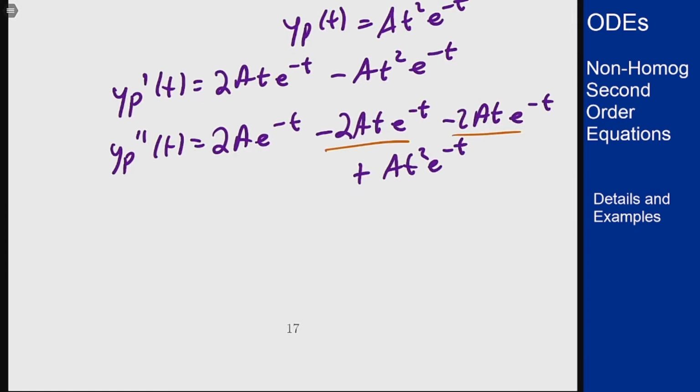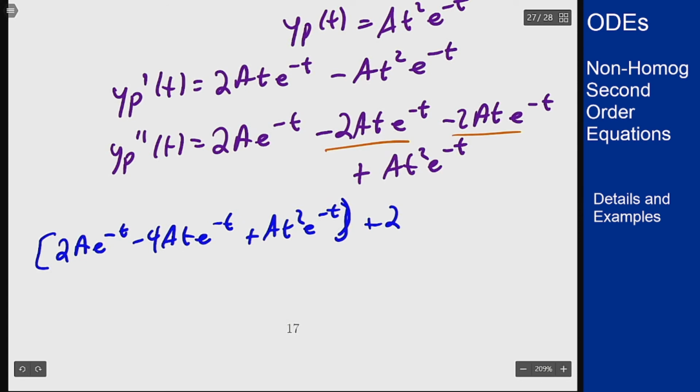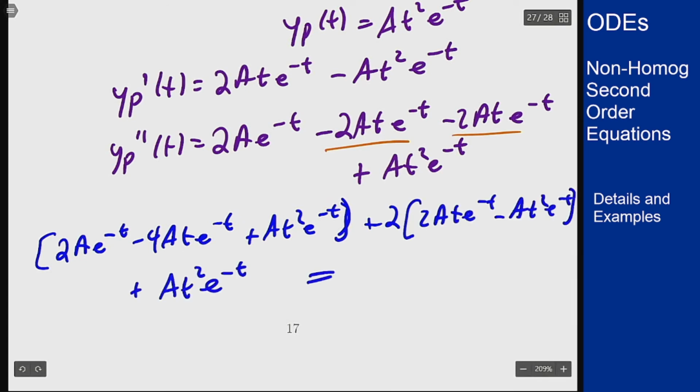So we have the second derivative plus twice the first derivative plus the function itself, and we want this to match with e to the minus t. And if we look here, for the t squared e to the minus t, I have plus at squared, minus 2at squared, and plus at squared. Those all cancel out.